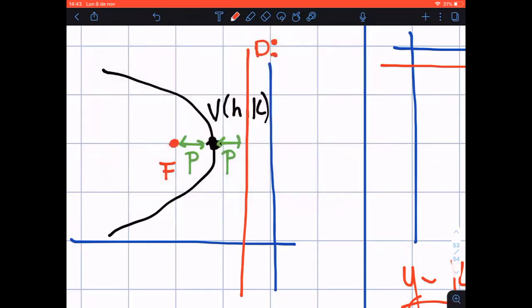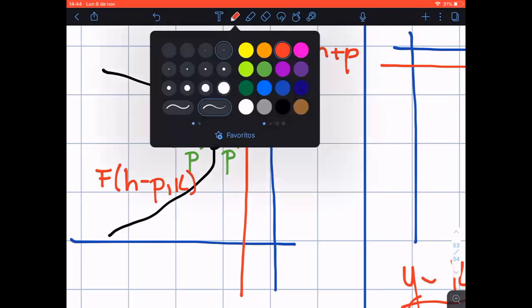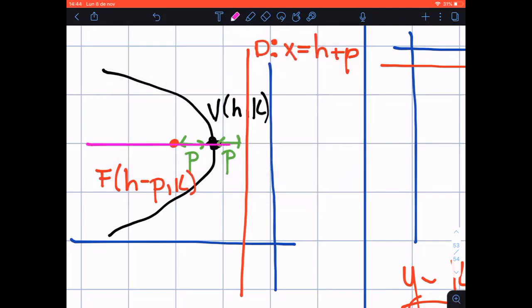Given this, the focus will have coordinates h minus p comma k, the directrix will have the equation x equals h plus p, and the axis of symmetry, sorry, will have the equation y equals k.